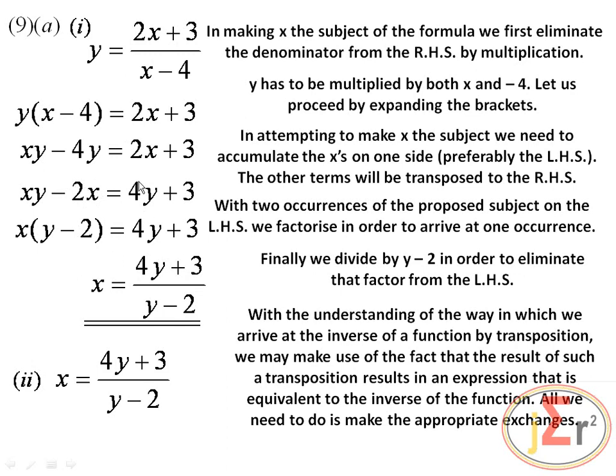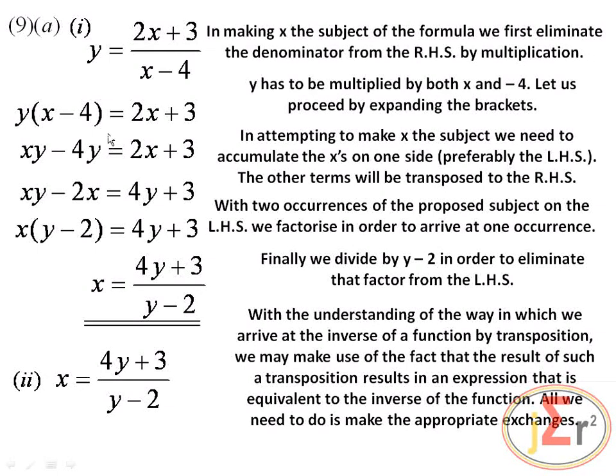And of course, we are accustomed to the process of finding the inverse of a function by transposition, which is the same thing that we are given here, except that we were asked to do the transposition first without considering the function, and then in the end make use of it in writing down the inverse.